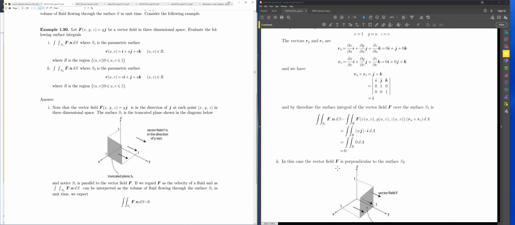So when you take the dot product of something that's moving in the j direction with I over here, you're just going to end up with 0. That 0 is representing the fact that nothing is in fact cutting across the surface S1. So here I take my dot product, I get 0.